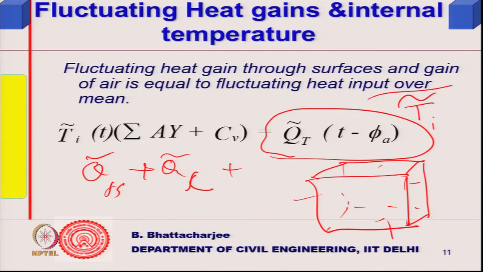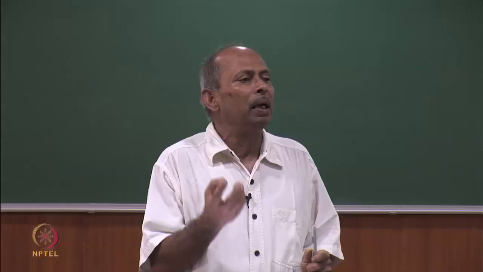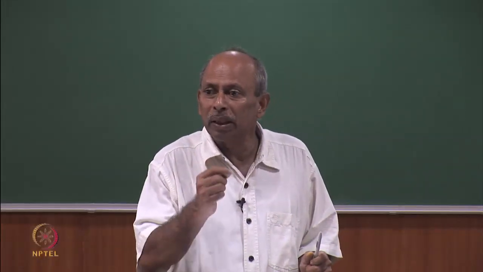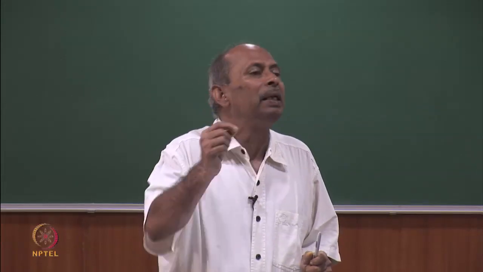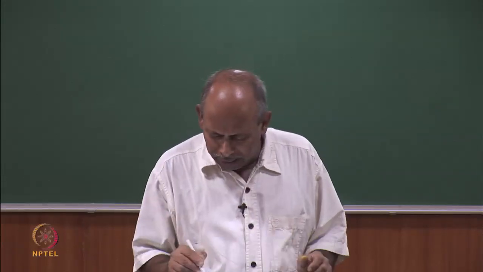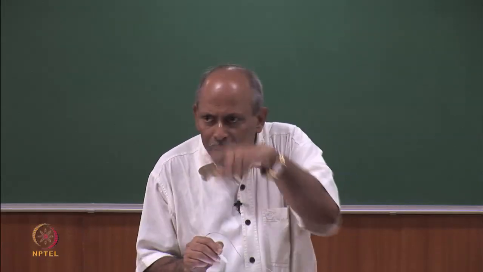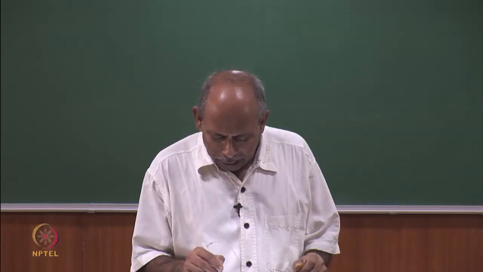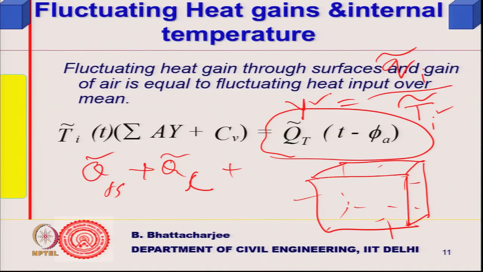I can find out provided I know Q in, because this was nothing but admittance. How did you define admittance? Admittance is the amount of heat that should come in for unit temperature swing in the inside temperature. So, if the inside temperature swing is TI, assuming room temperature is constant all over the place, this multiplied by Y must equal the heat that is coming in.